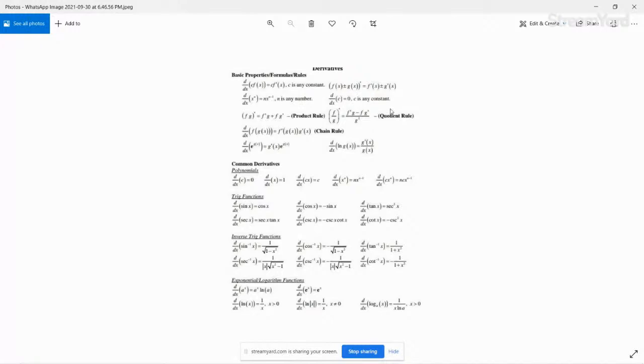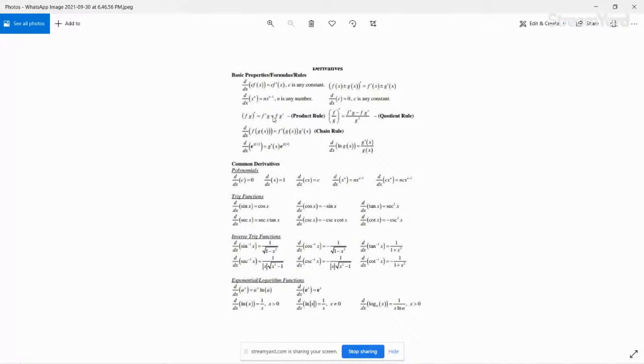Then as I told in the first part, if c is a constant, then differentiating gives 0 only. Then when two functions are multiplied, (fg) dash, this is the symbol we have to differentiate. This is also called the product rule, also named the Leibniz rule.